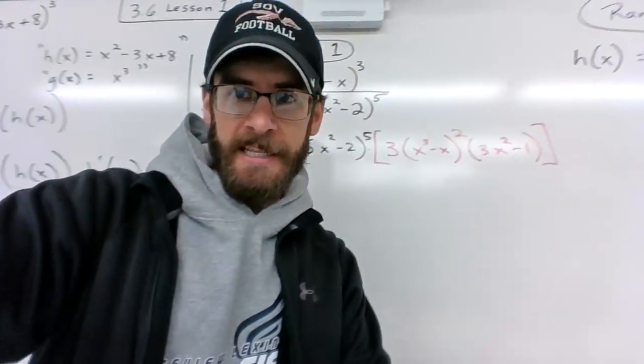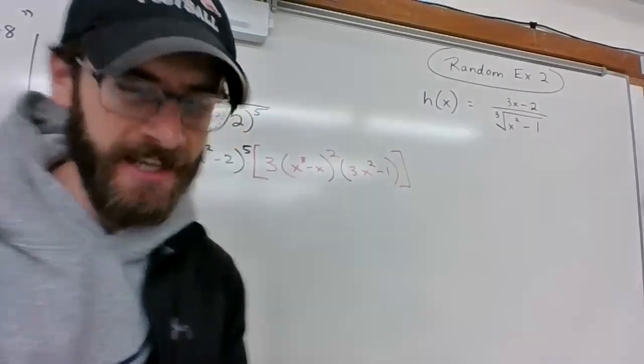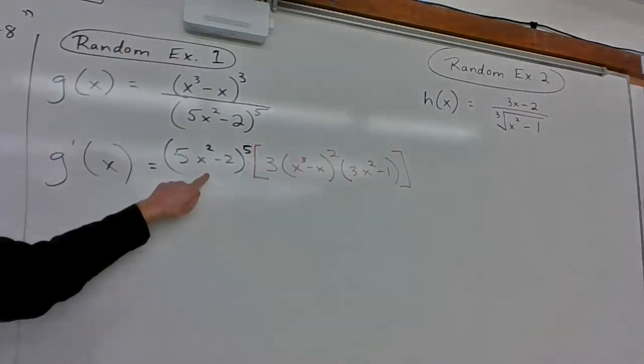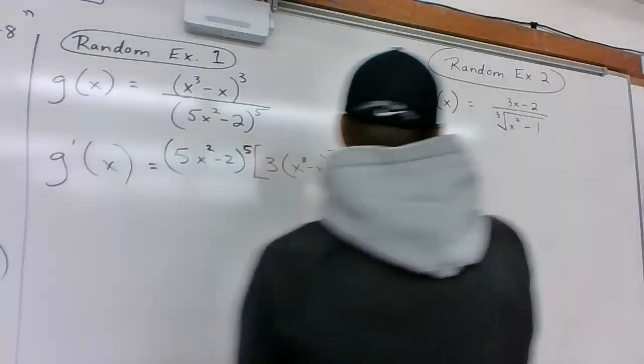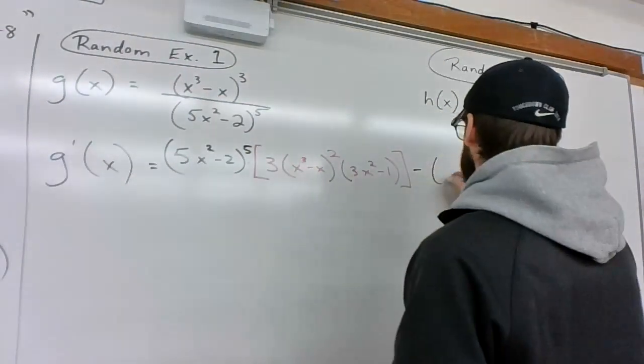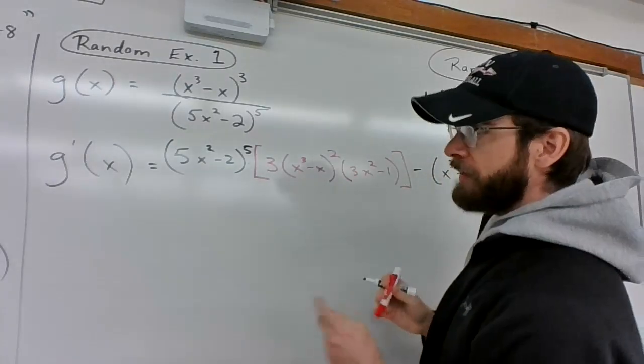Okay, this one's going to get a little bit lengthy. It's all right. We'll get through it together. Bottom times the derivative of the top minus the top times the derivative of the bottom.